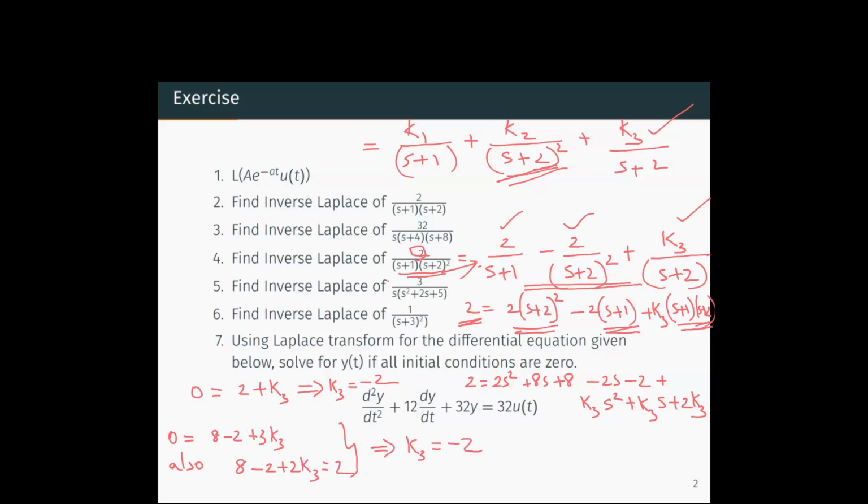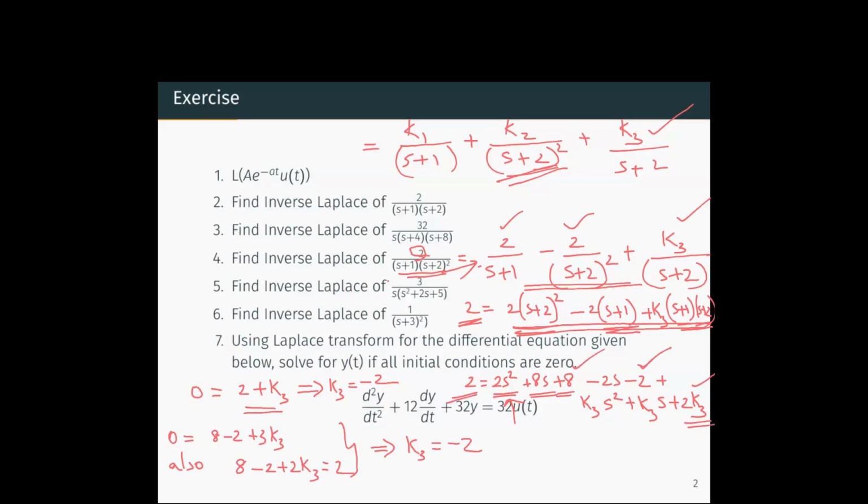When you expand the right hand side, you will get 2s square plus 8s plus 8 minus 2s minus 2 plus k3 s square plus k3 s plus 2k3. I am equating all the constants on the left hand side and the right hand side. Here you have 8 as a constant, here you have minus 2 as a constant, and another constant is 2k3.